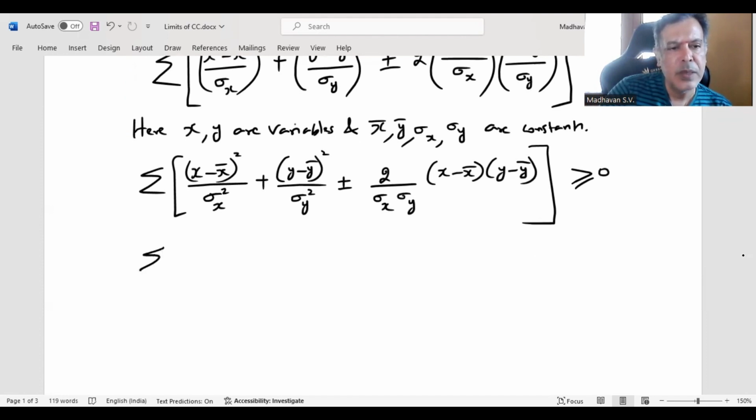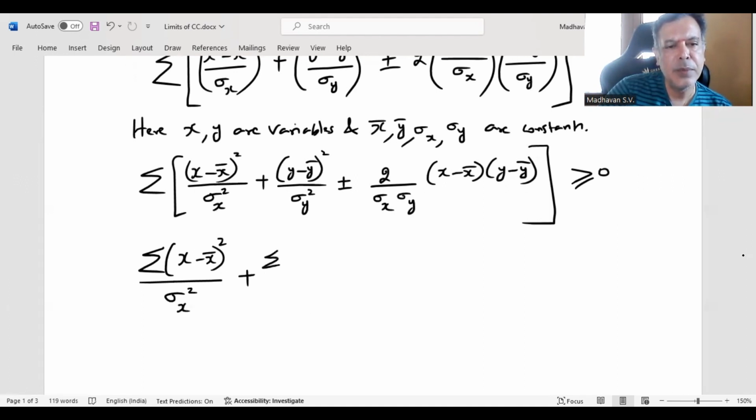Now we will take the summation inside the brackets. We will have summation x minus x bar, the square. Since sigma x is a constant, sigma x square is also a constant, and that won't come under your summation. So you can write it like this.